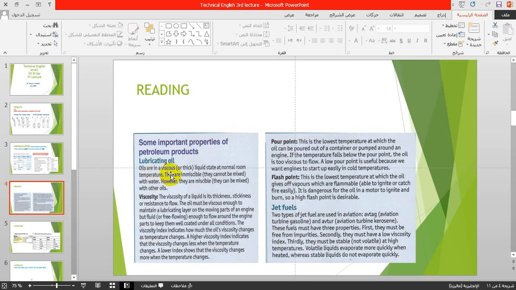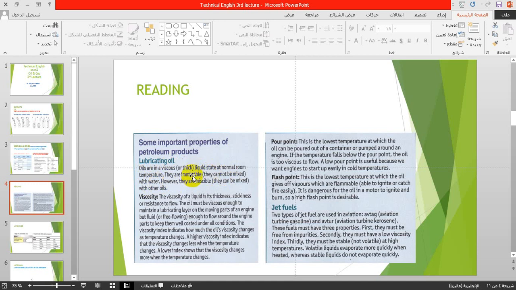Oils are in a viscous or thick liquid state at normal room temperature. Viscous here means thick. Okay, sticky maybe. Oils are in a viscous or thick liquid state at normal room temperature. Liquid state.